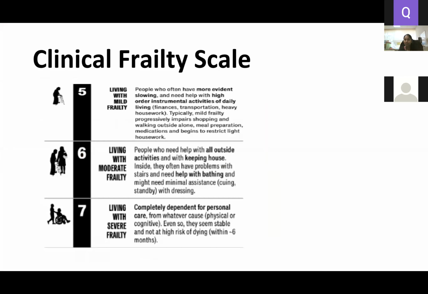Number 6, they are independent at home, but for all activity outside the home they need assistance, and within the home they need very minimal assistance like bathing or staircase. Number 7, they are completely dependent on their basic ADL. Even though they're completely dependent, they are not at high risk of dying within 6 months. So 5, 6, 7 is IADL, BADL, but not at risk of dying.